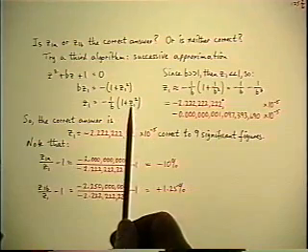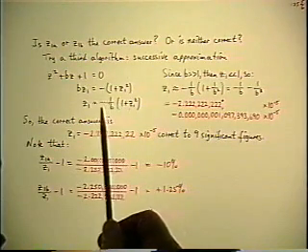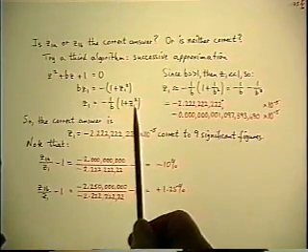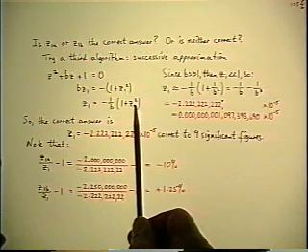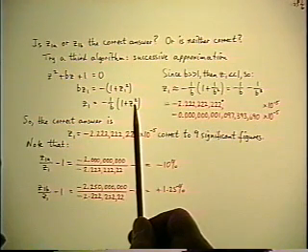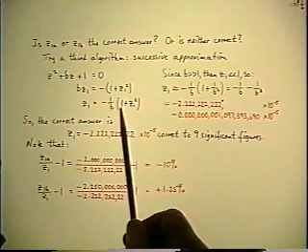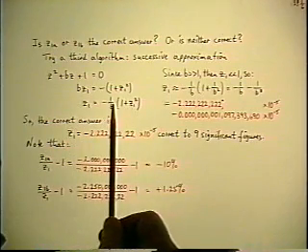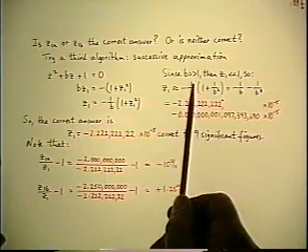So a first approximation to the numerical value of z1 is simply to drop the z1 squared on the other side, knowing that it's much less than 1. So the first approximation to z1 is simply minus 1 over b.